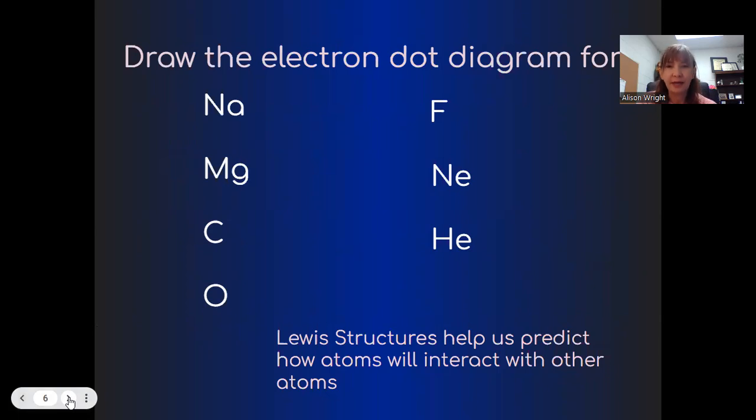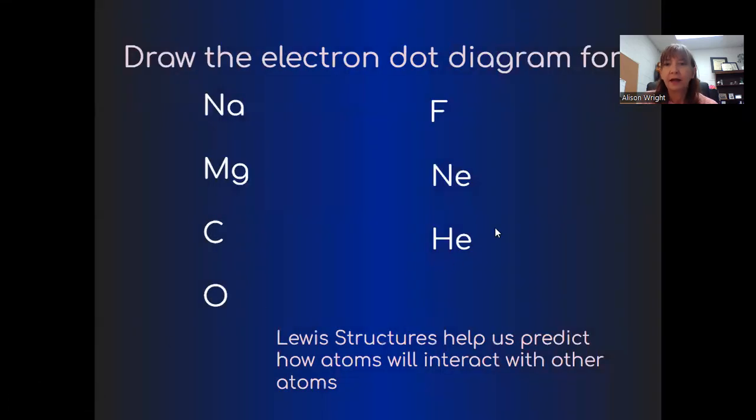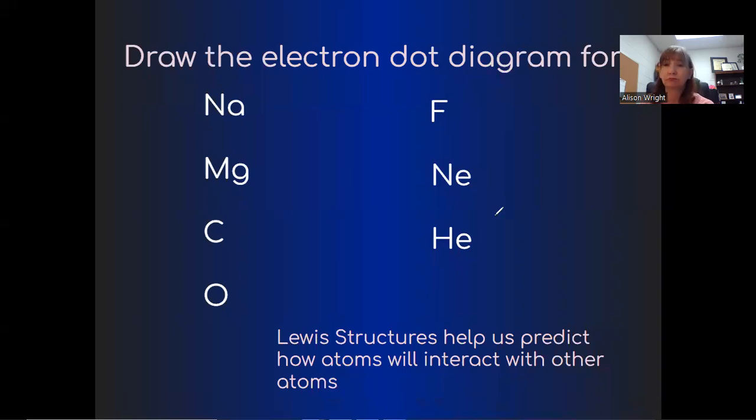I will point out that the Lewis dot structure for helium only has 2 valence electrons. So we would do that like this, putting them together to indicate that that is a complete valence shell for helium.